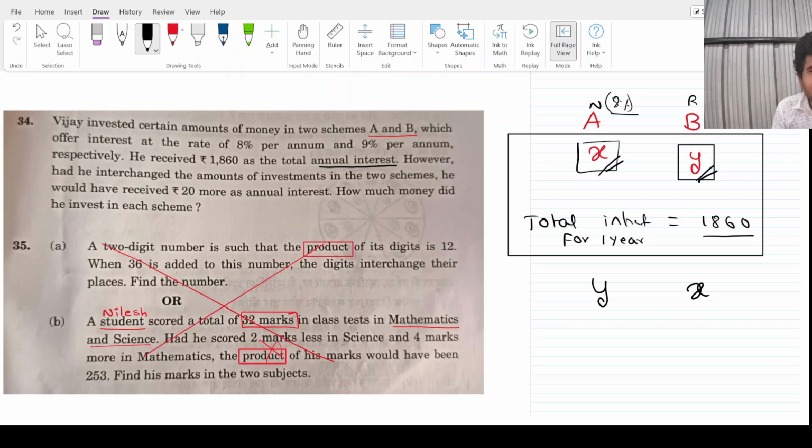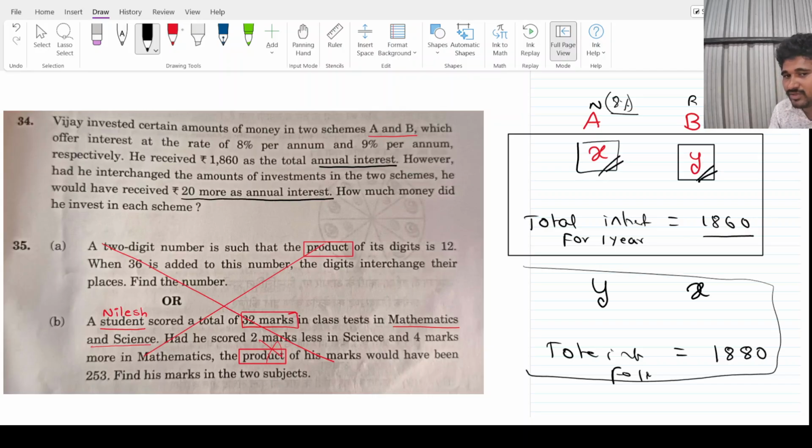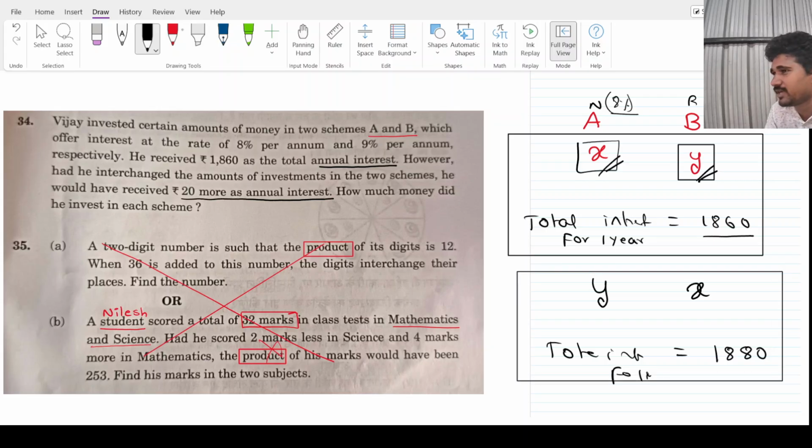However, interchange amount of investments in the 2 schemes, he would have received 20 more annual interest. So, total interest for 1 year in this case is 20 more than first. Clear? 20 more than first. How much it will be? 1880. I hope it is clear for everybody, right?